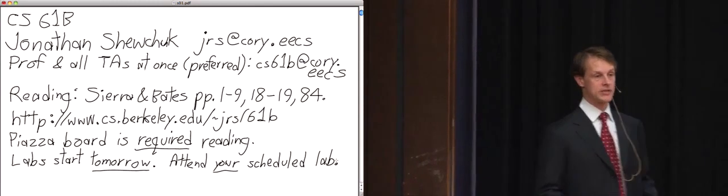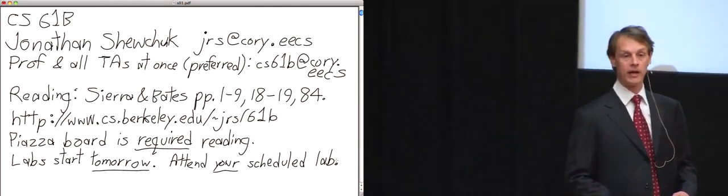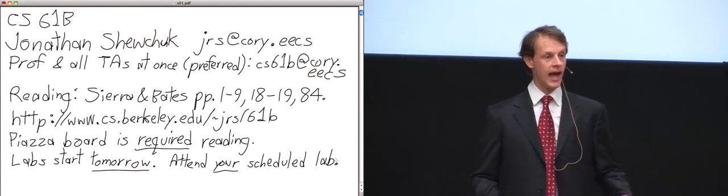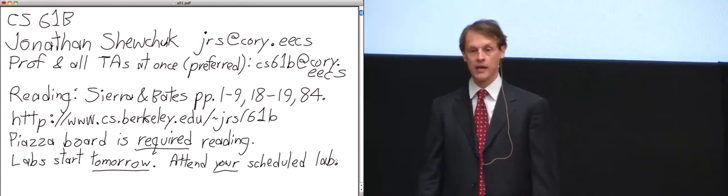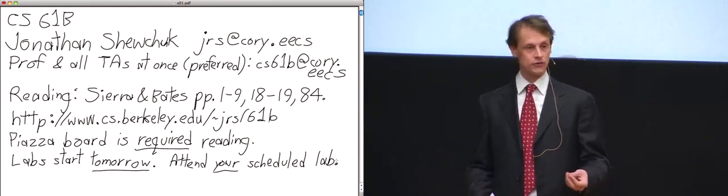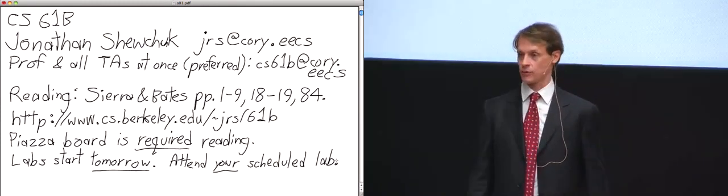Now, some of you are not enrolled in a lab yet. If you're not enrolled in a lab, it's probably because you're on a waiting list for a lab, or maybe you're a concurrent enrollment student and haven't been able to opt for a lab yet. If that's the case, then what you should do is simply try a lab that fits in your schedule.